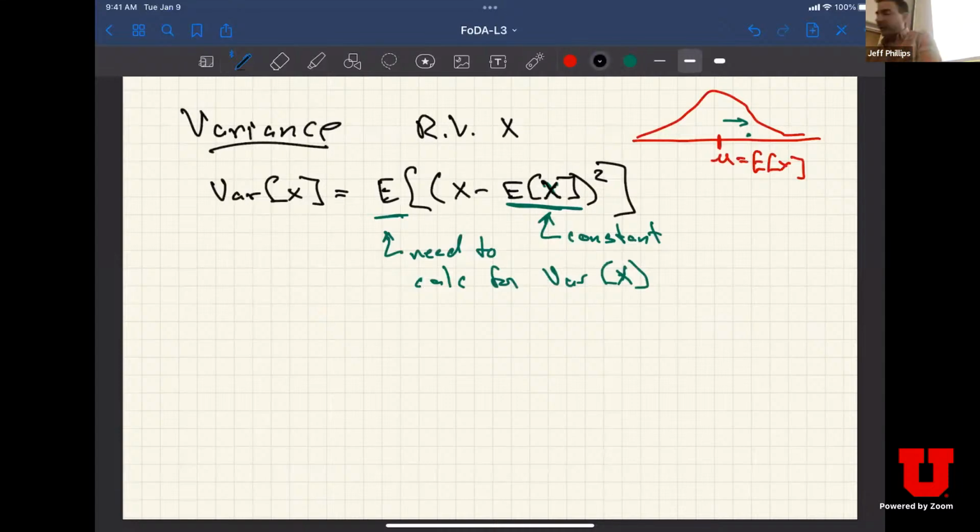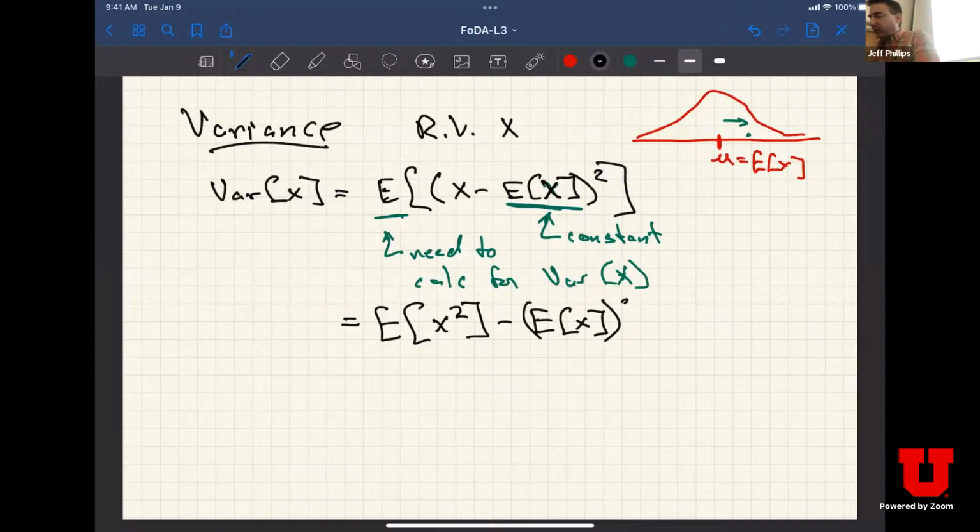And there's another common form of this, which is equivalent: I can write down the expected value of X squared minus the expected value of X quantity squared.